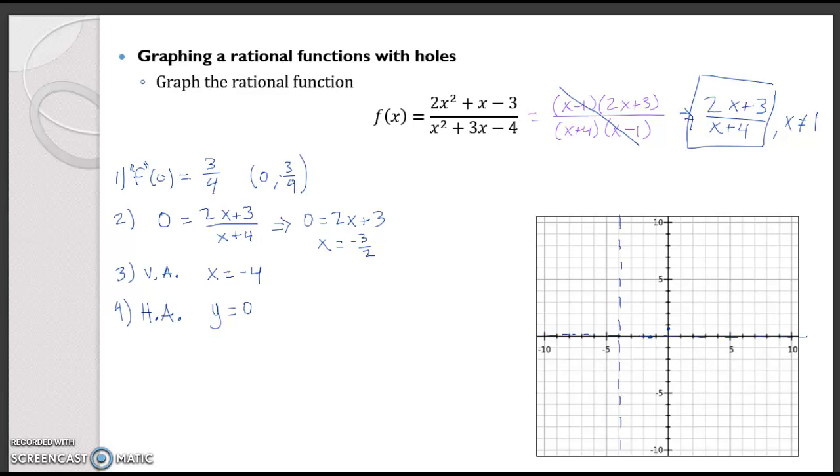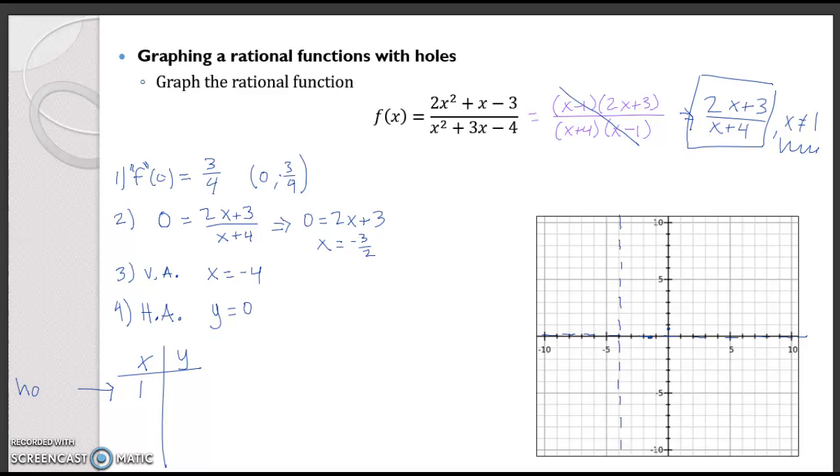I already found that value where it does cross. Okay, but we know x cannot equal 1. So when I start plugging in points, if I plug in 1 for x into my original function, I'm going to get undefined.